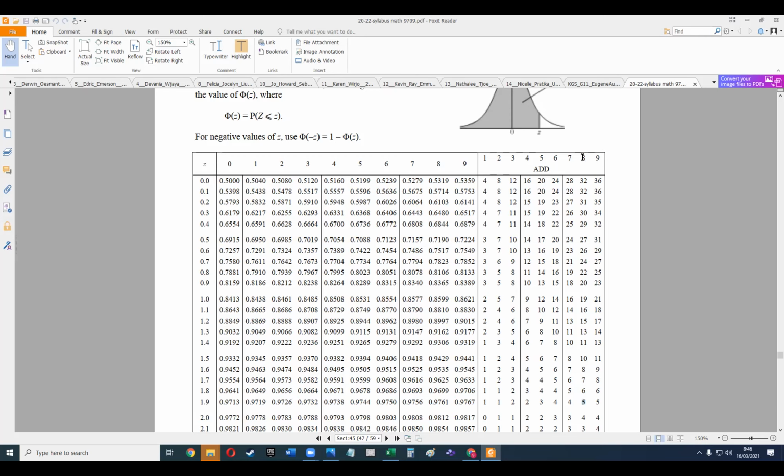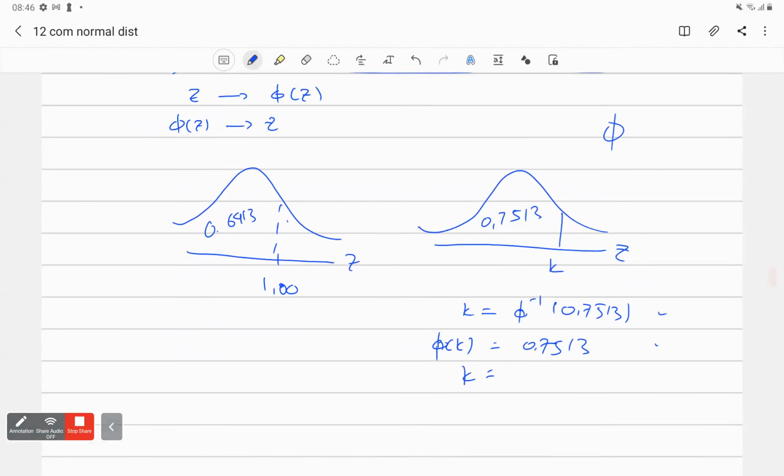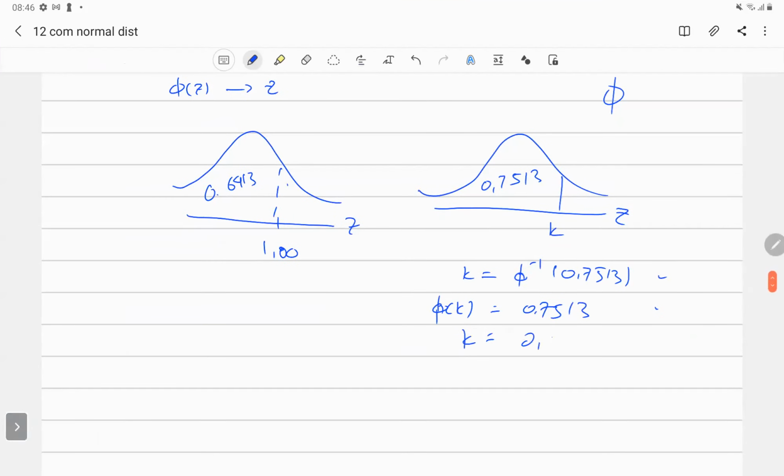That's not 27, we have only 26, the closest. So that's it. K is 0.678. That's it, it goes vice versa. Any question for this?